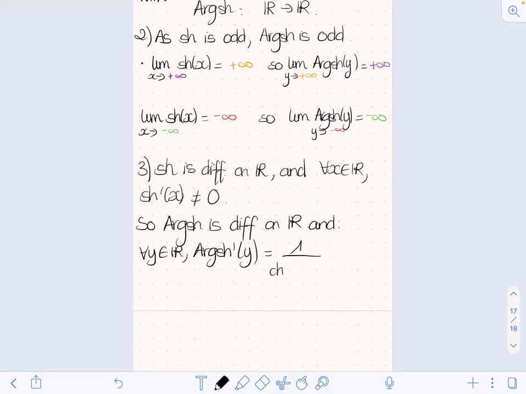So that's 1 over CH of the inverse function of y, so arg SH of y. That's what you get if you just apply the formula. And it may be that we can simplify this quite a bit. So is there anything you might be able to say about this term here?